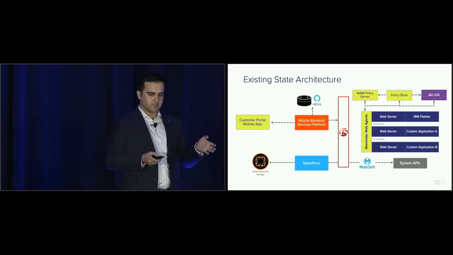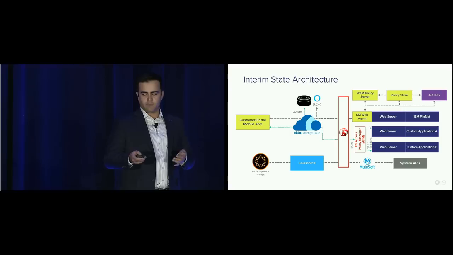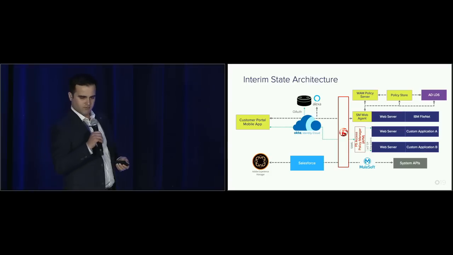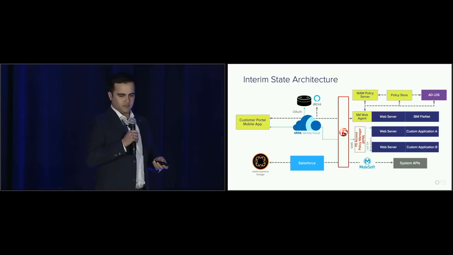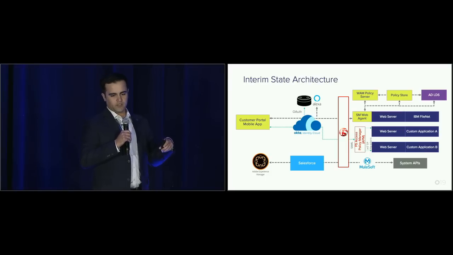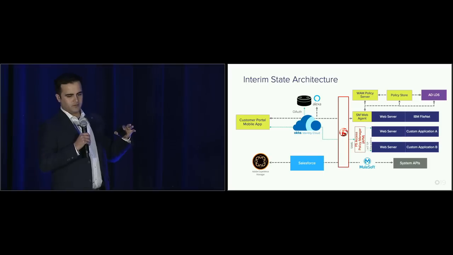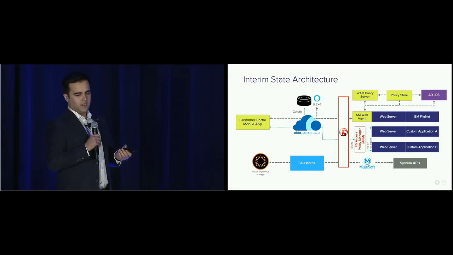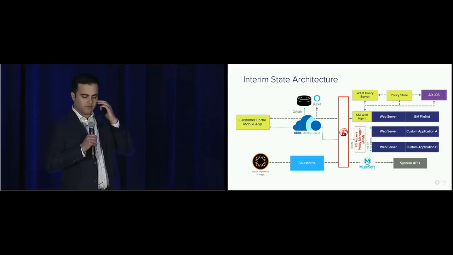So we went from the existing to the interim state, where we introduced Okta. In the interim state, the approach we took was to federate the mobile app and the web app, which is sitting on Salesforce, with our identity cloud. They were configured as SAML and OAuth clients. On the back end, they took a phased approach, so they couldn't move off of FileNet.